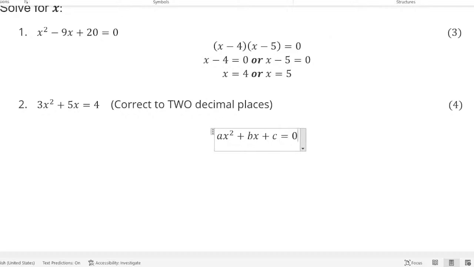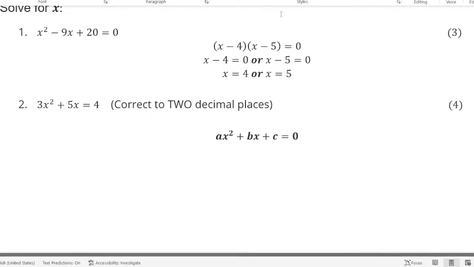When you're solving a quadratic equation, you must make sure that it is in this form. If it's not in this form, you get the wrong answer. It must always be in this form.